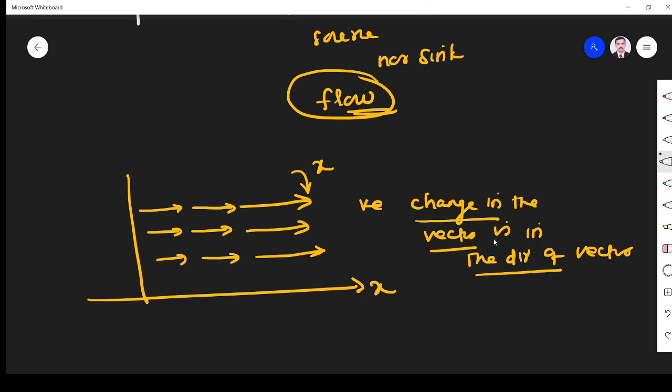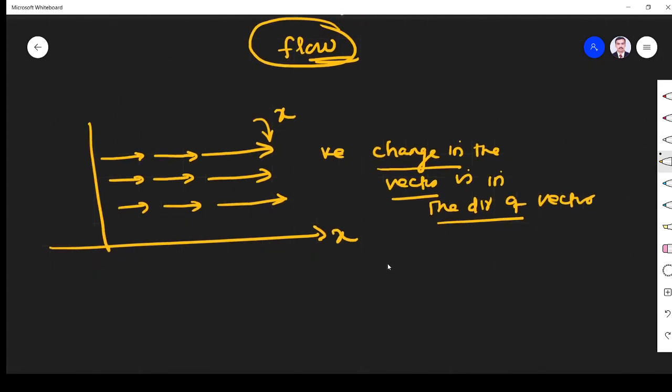So if the change of vector is in the direction of vector, surely it will be a divergent vector. So you see, if you keep anything here, it will be pushed by that. It won't rotate. It will be spreading. It will flow, right? That's what your divergence means, right?